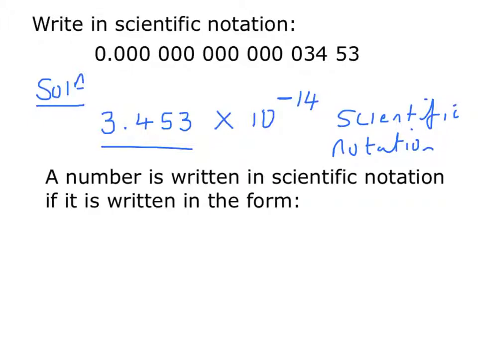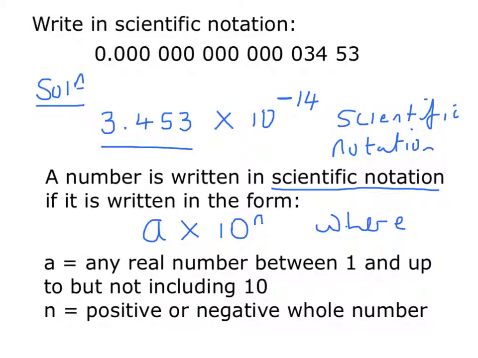So if I was to write what I have been doing in a slightly more formal way, I would write that a number is written in scientific notation if it is written in the form a multiplied by 10 to the power of n, where a is any real number between 1 and up to, but not including, 10.